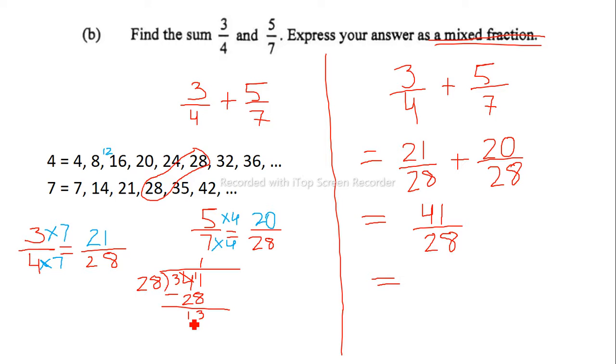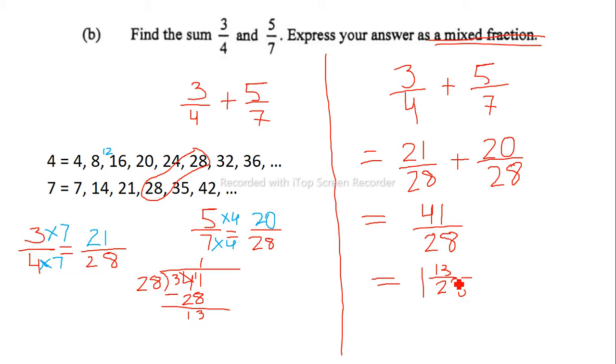3 minus 2 is 1. So it's 13. So we are left with, so this is going to be the whole number. It's going to be 1 and what? 13 over 28.